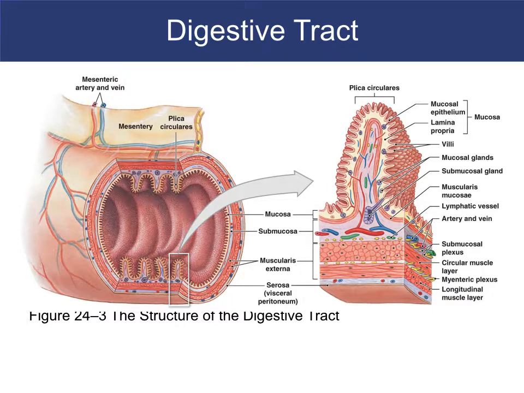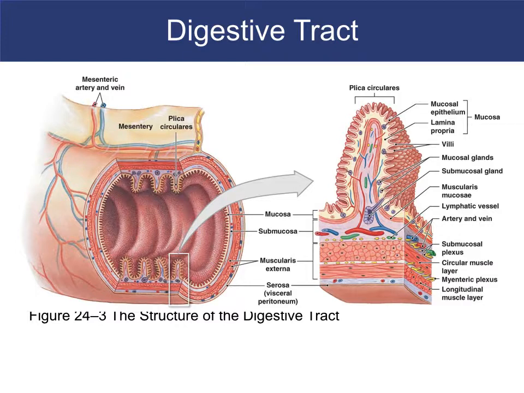Here's kind of a nice picture of that. This is a piece of small intestine right here. Notice there's a bunch of folds in it on the inside. Those are called plicae circulares. That's just to make more surface area, because remember, everything you eat has got to be absorbed through this mucosa here, and so the more mucosa you have, the better. You got more room to absorb stuff through.